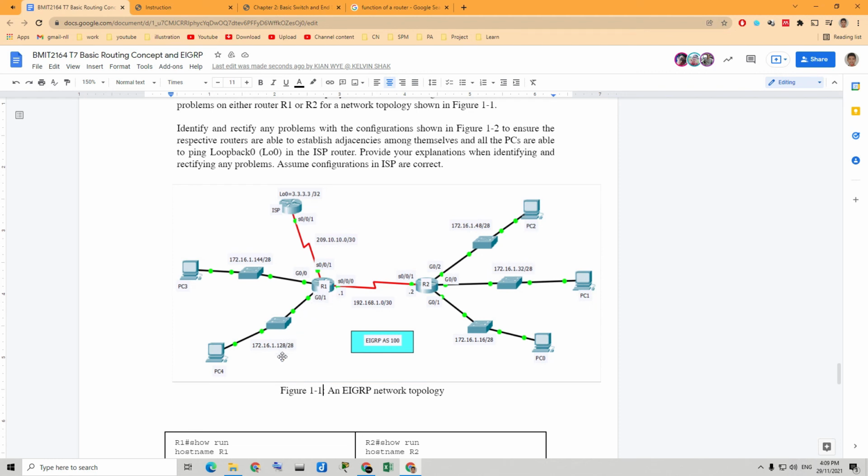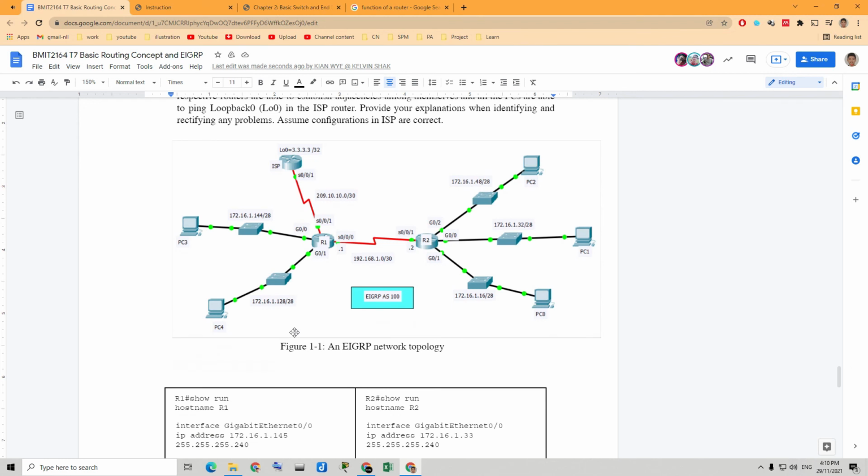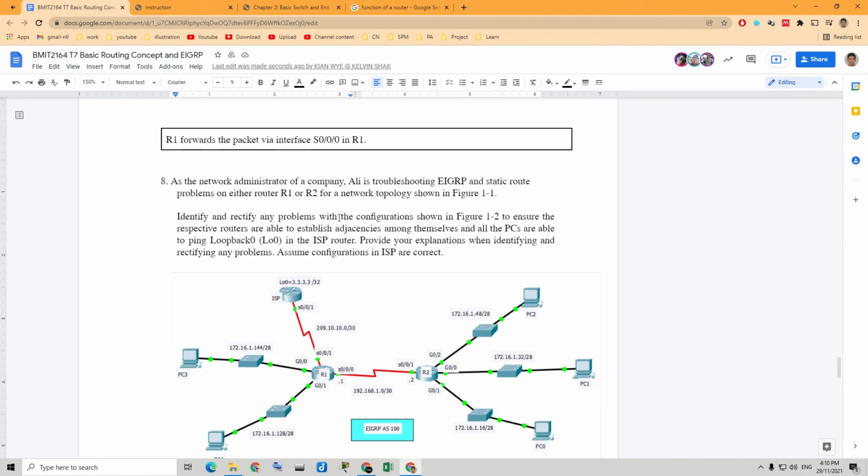R3 to R2 is 1 hop, because hop is another word for jump. Then R2 to R1 is another one, so 2 hops.